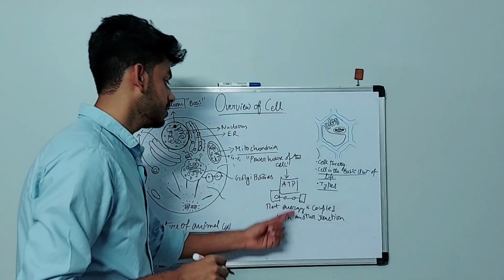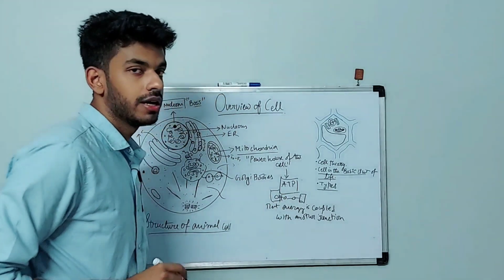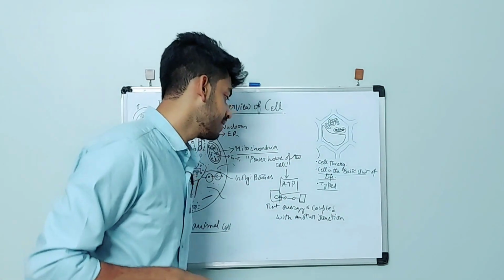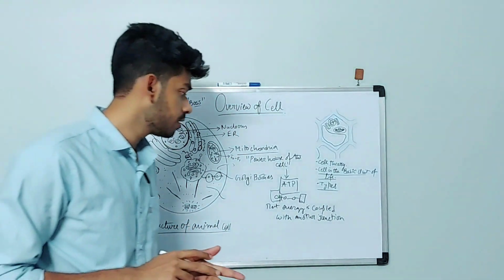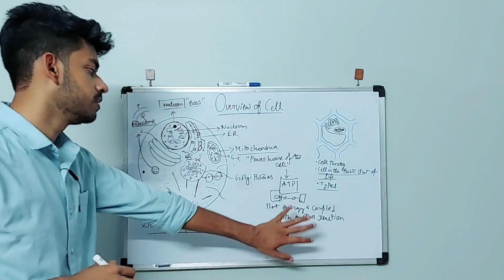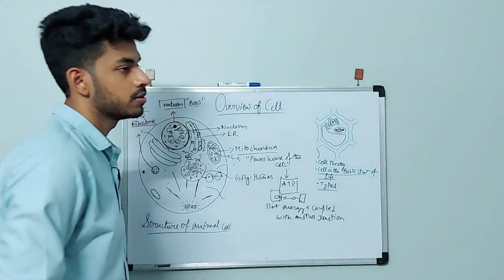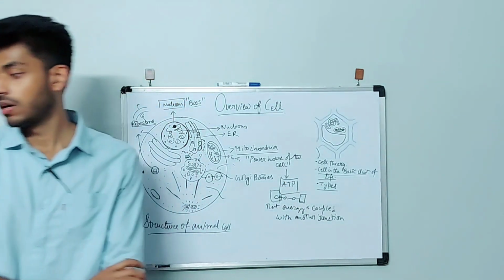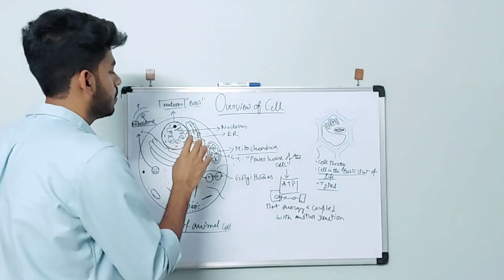So the energy that is yielded due to the breakage of this bond is very high, and the energy is coupled with other reactions. When I explain thermodynamics, I will tell this, and just remember that ATP is responsible for the generation of energy in our body. Okay, so this is mitochondria.